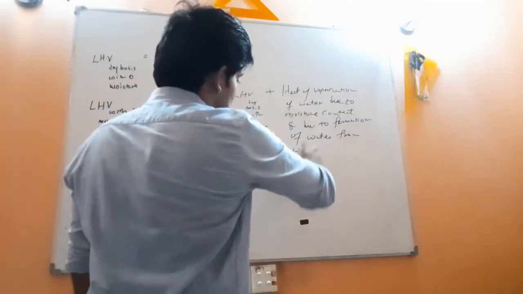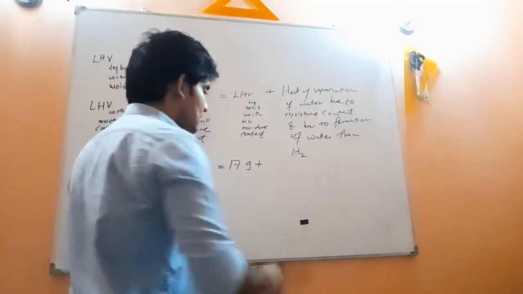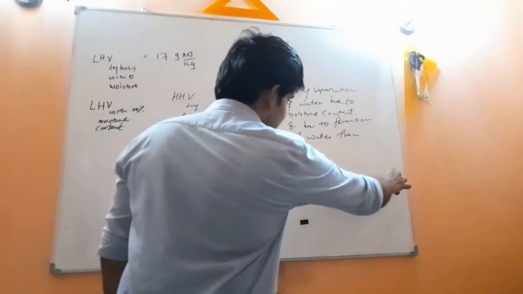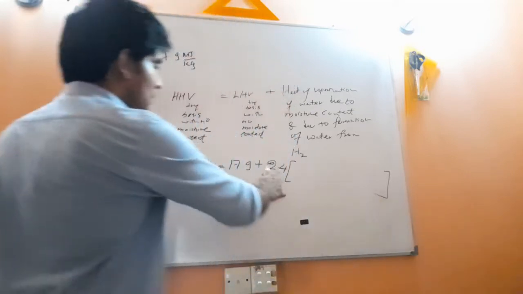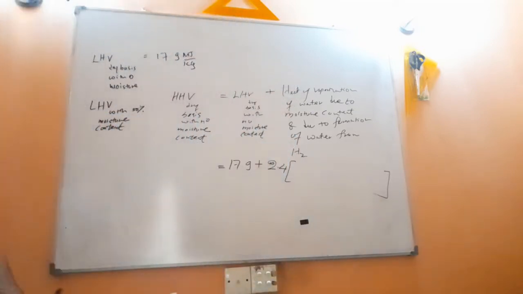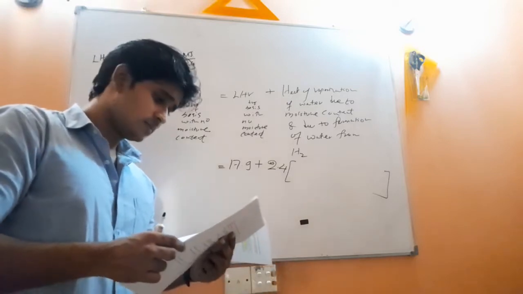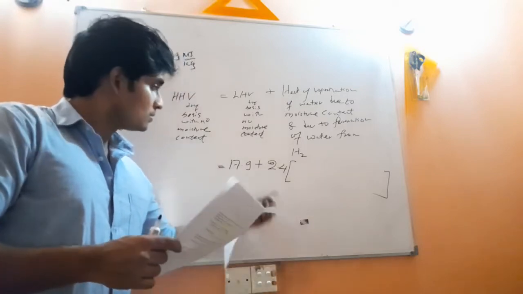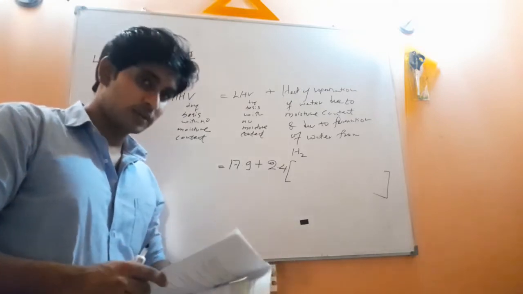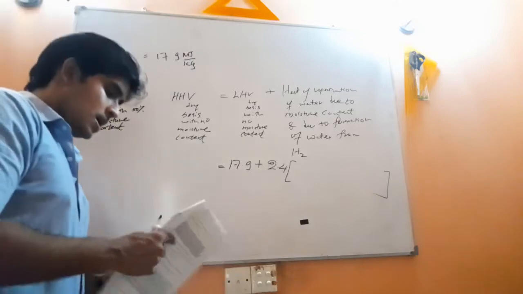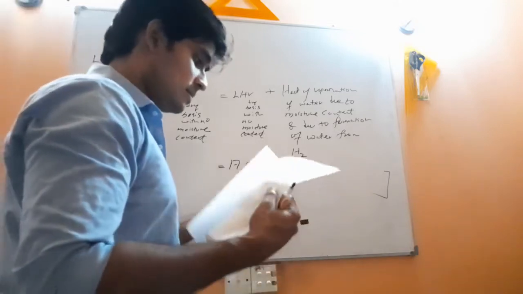How to find this? 2.4 times, what is 2.4? 2.4 is the heat of vaporization of water. Within brackets you have to put the hydrogen content in the fuel.